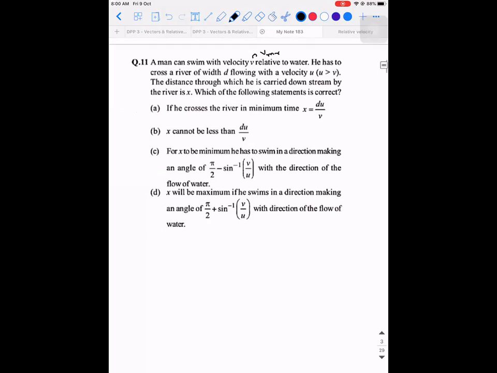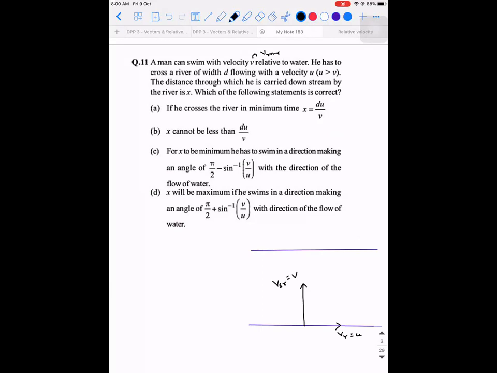So it's a very simple question. This is the width. This is the velocity of river that is given as u. This is the velocity of swimmer with respect to river, which is given as v.